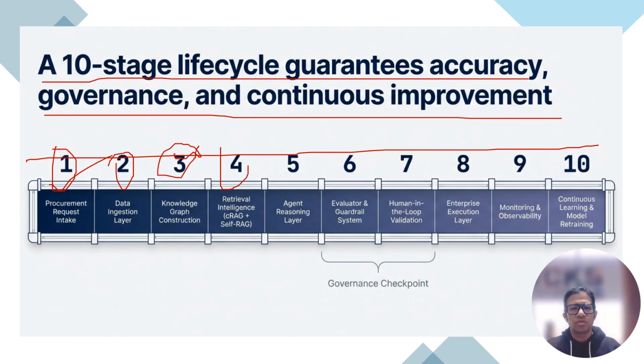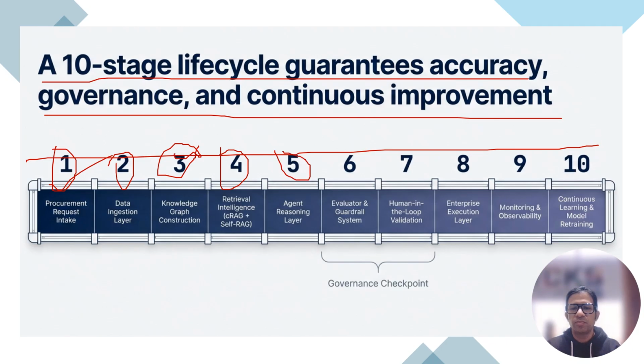Now comes to stage 4. Stage 4 is retrieval intelligence. This is where we bring evidence into the system before the agent reasons, using contextual retrieval and self-reflective retrievals. This is how we reduce hallucinations and make decisions evidence-backed.